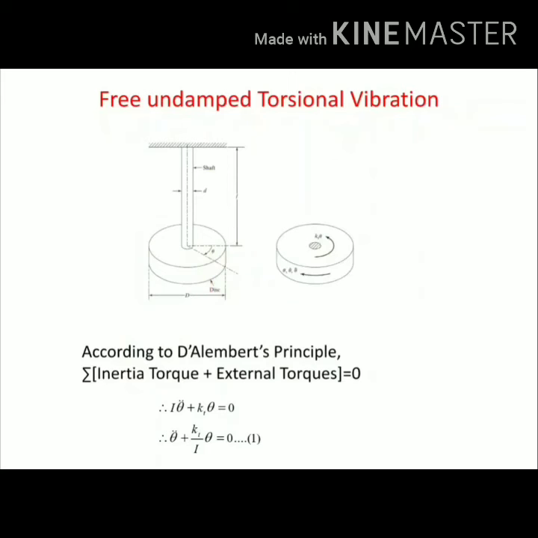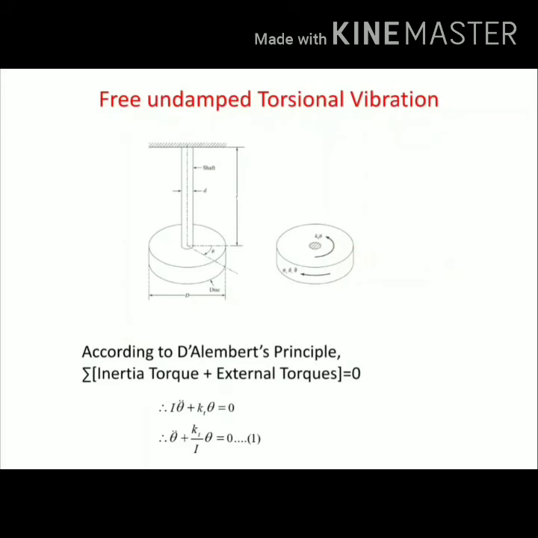So due to the angular displacement of disc theta in clockwise direction, the torques acting on the disc are inertia torque in anti-clockwise direction, and restoring torque due to the torsional stiffness of the shaft, that is kt theta, where kt is the torsional stiffness. So we use D'Alembert's principle.